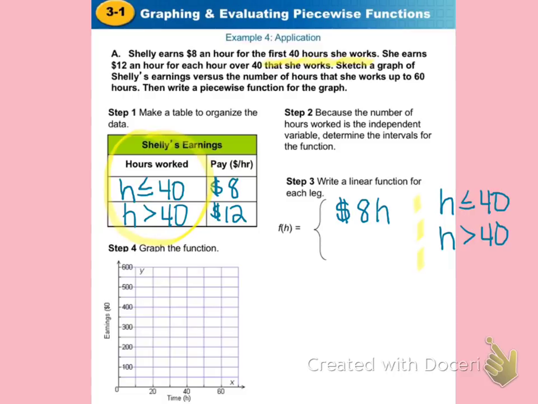So in other words, she's made $8 times 40 hours, which is $320. And again, that comes from taking $8 an hour and multiplying it by 40 hours.